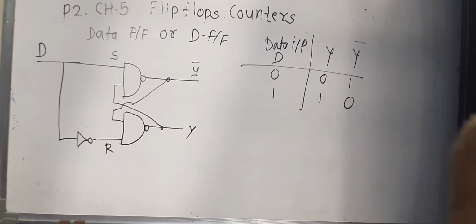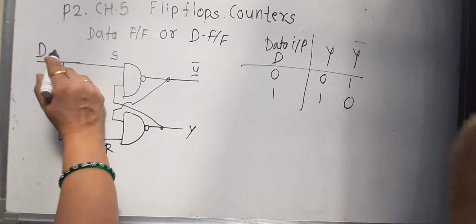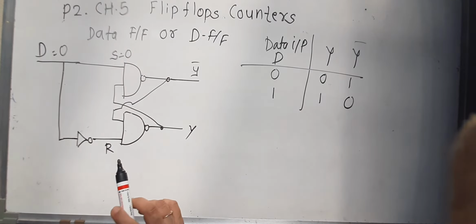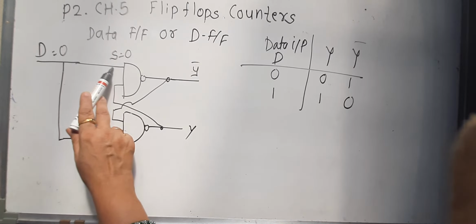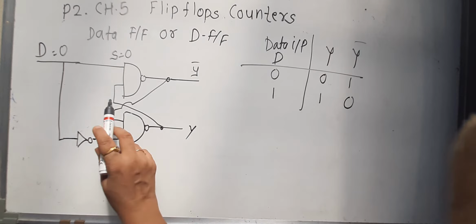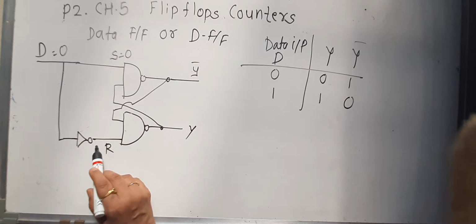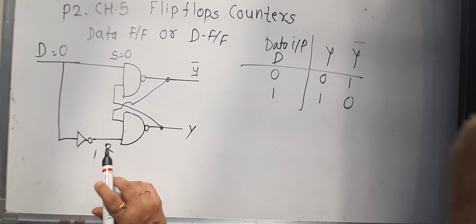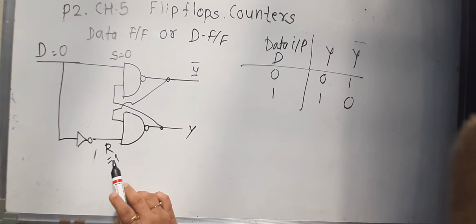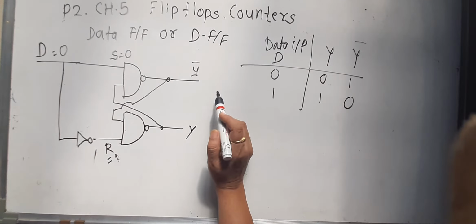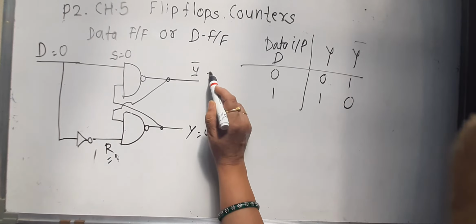See what will happen here when D input is 0. So S input is 0, and as the set input is 0, this 0 becomes 1 here. So R input becomes R equal to 1, meaning a reset pulse is given to the flip-flop. So its output Y will be 0, Y bar will be 1.